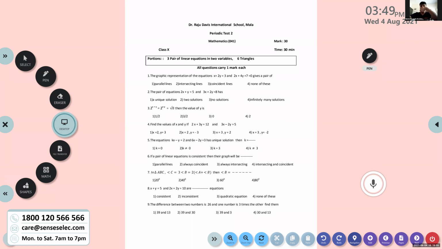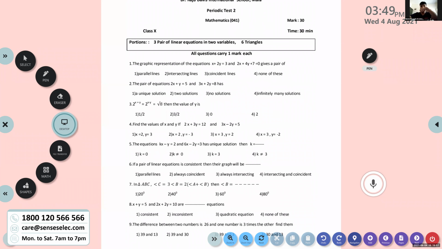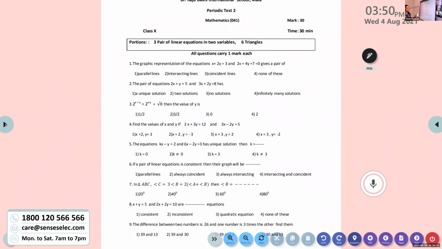Parallel. First one is parallel. So the graphical representation of the lines is parallel. Is it correct? A1 by A2. No need to write elaborately because it is a 1 mark question. There are no step marks and all.